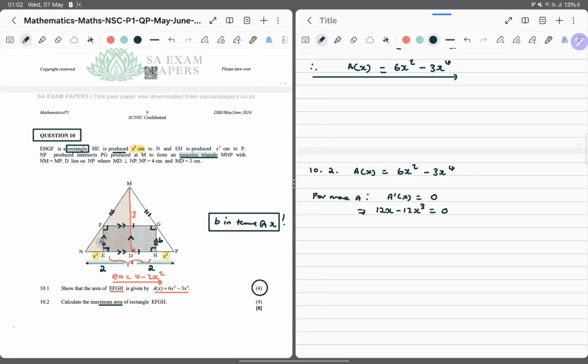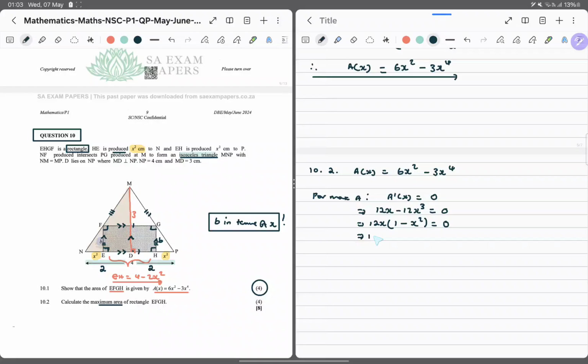Now, we know that the highest common factor here is 12x, into essentially 1 minus x squared is equal to 0. So we are good here.